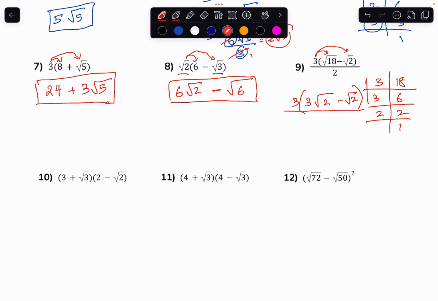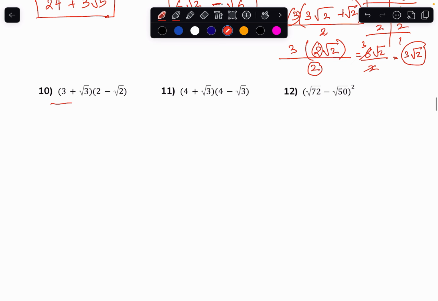Now it's up to you whether you first multiply and then simplify, or you simplify first and then multiply this outer 3 with the answer. 3 root 2 minus 1 root 2 will give you 2 root 2. 2 root 2 times 3 and divided by 2. Now you can cancel this 2 with this 2, or first you multiply and then cancel, whatever suits you. 6 root 2 over 2, then 2 times 3 is 6. So 3 root 2 will be your final answer for this question.